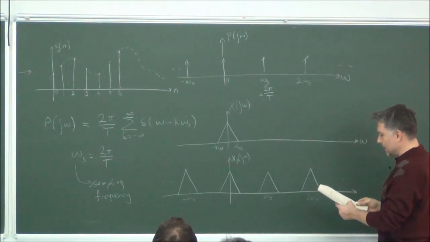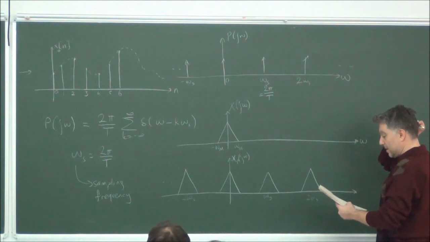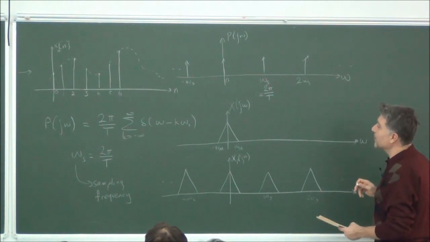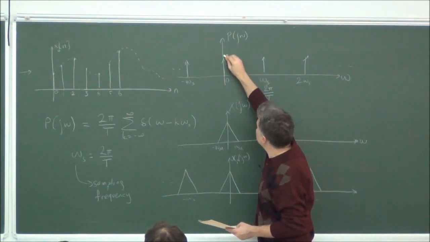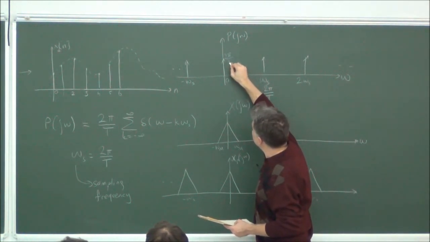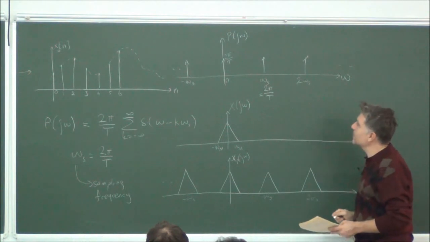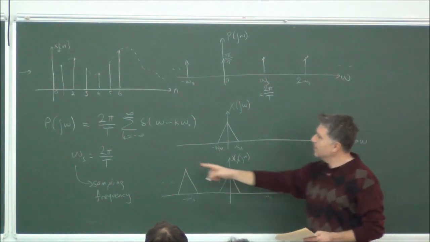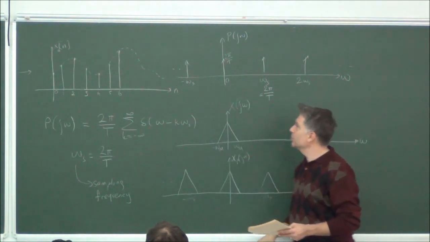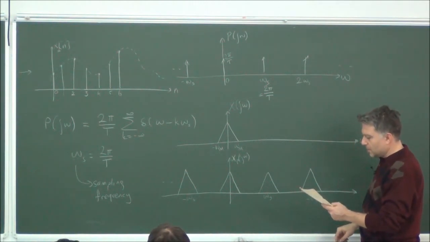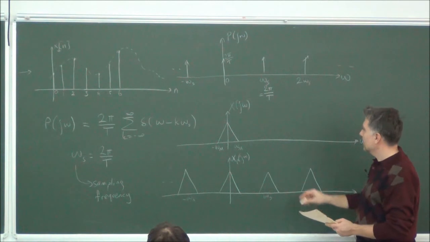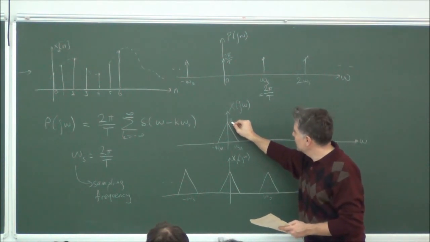But I'm ignoring the scales for the time being. Let's also put legends of those scales. The value of these impulses is 2 pi over capital T, because every impulse is multiplied by 2 pi over capital T. And let's assume a peak value here, just for a label.